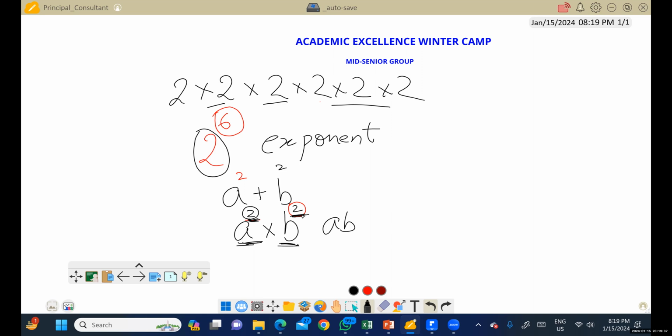Narayani, what do we do with these two powers? Kavya, can you try?